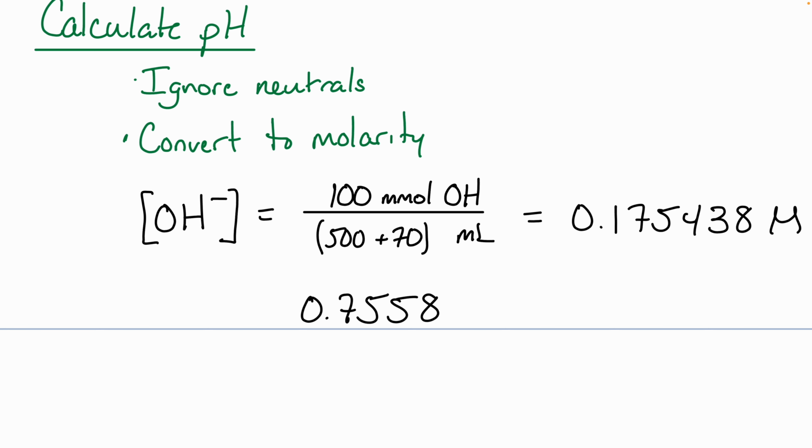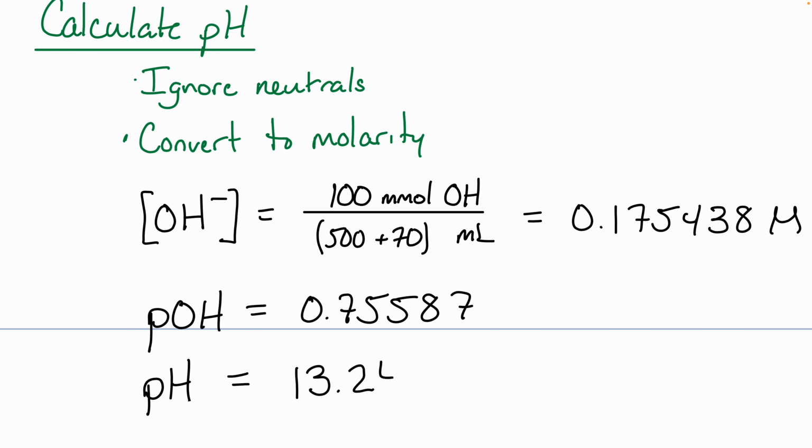If I take the negative log, what did that give me? The pH? pOH, right? Because what I have when I have an excess of base is that hydroxide concentration. So if I want the pH, I'm going to have to take 14 minus that value. We're going to just put 2 decimal places on there, 13.24.